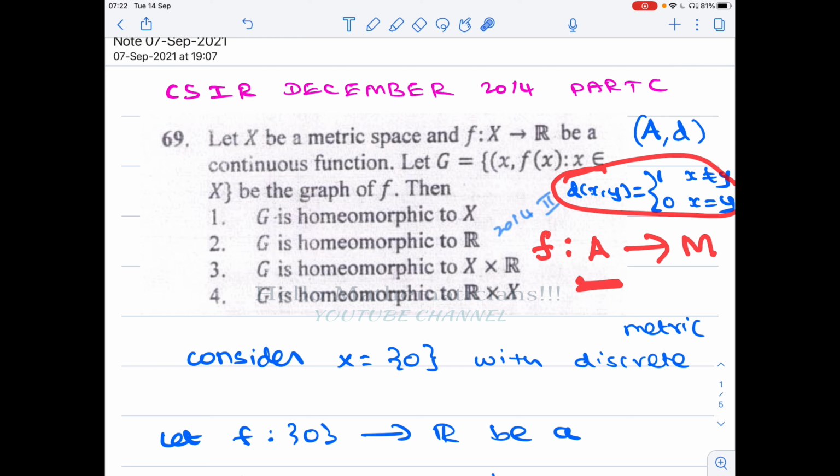That is because in this metric all the subsets of A will be open. Therefore, the inverse image of an open set will be open for every function f. So if the domain has the discrete metric, then every function will be continuous.